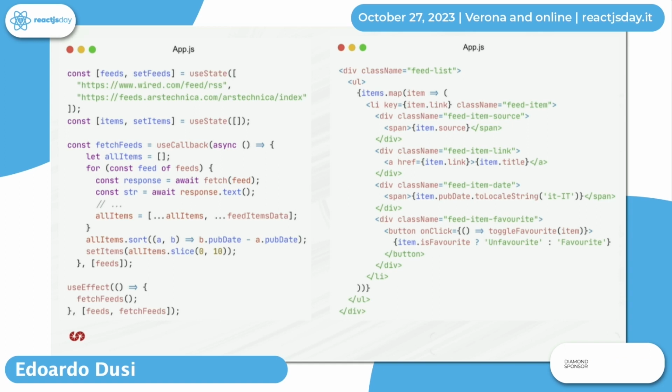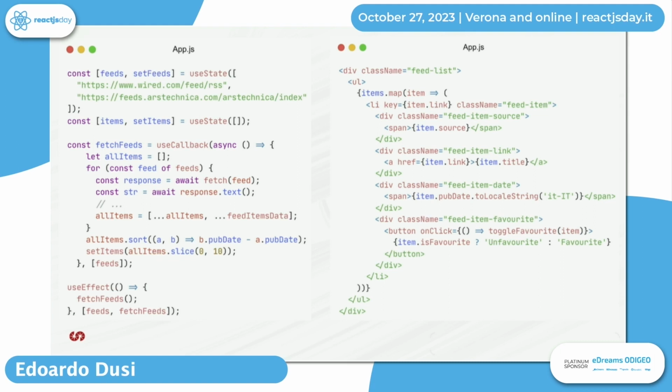So if I don't add the useCallback here, this function will get re-executed again. So how does React know to not call this function? Because React will memorize this function, and this will be called only if this dependency, this feeds value, changes. So that's how React works in practice, okay?